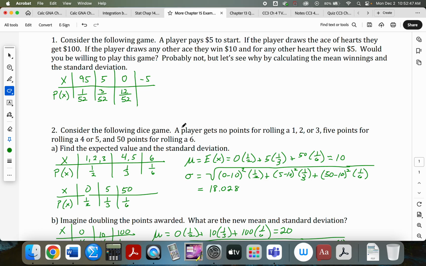So that's 16 that win you money. Is it 36? Yeah. There's 36 out of 52 chance that you're going to lose money. Pretty bad game.